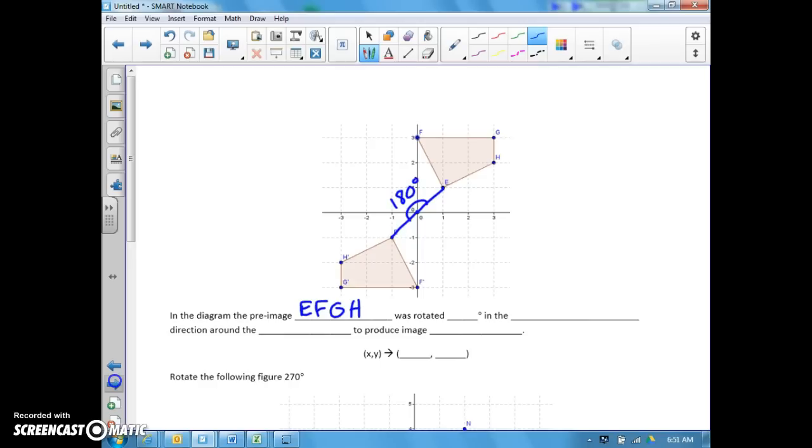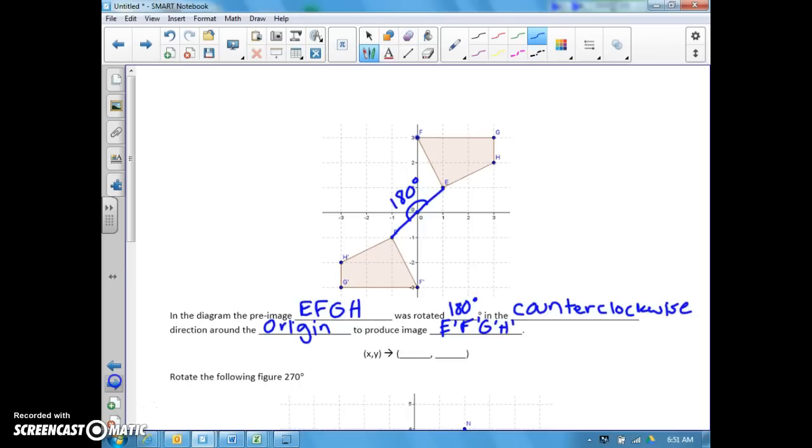So that means we rotated 180 degrees, still in the counterclockwise direction, around the origin to produce the image E prime, F prime, G prime, H prime.